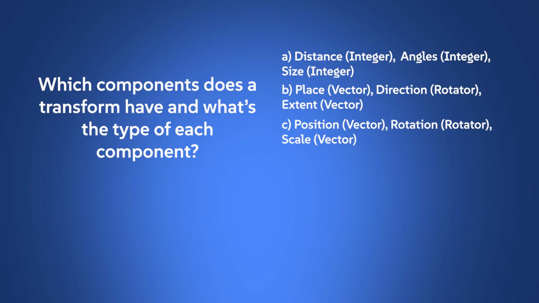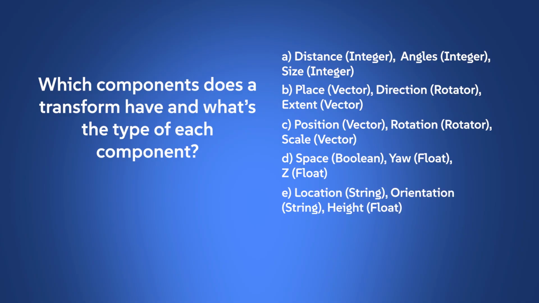Letter C, position, vector. Rotation, rotator. Scale, vector. Letter D, space, Boolean. Yaw, float. Z, float. Letter E, location, string. Orientation, string. Height, float.